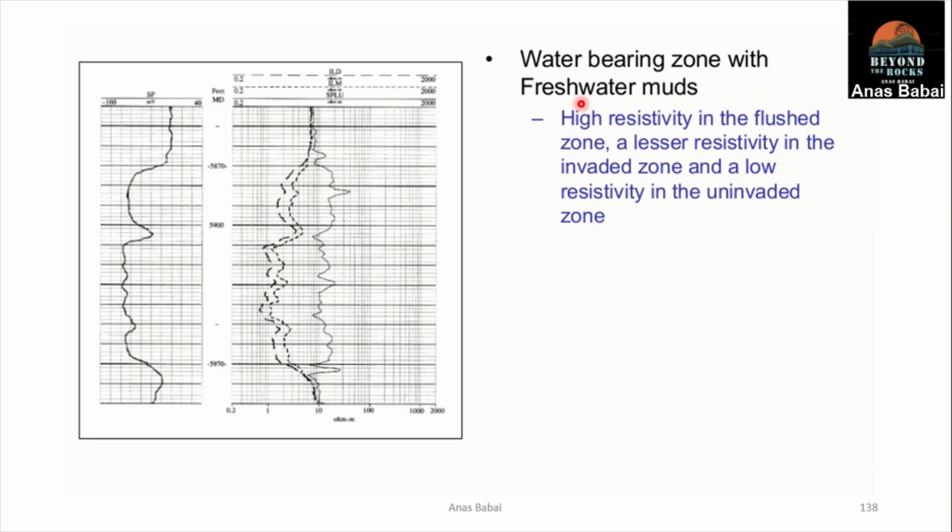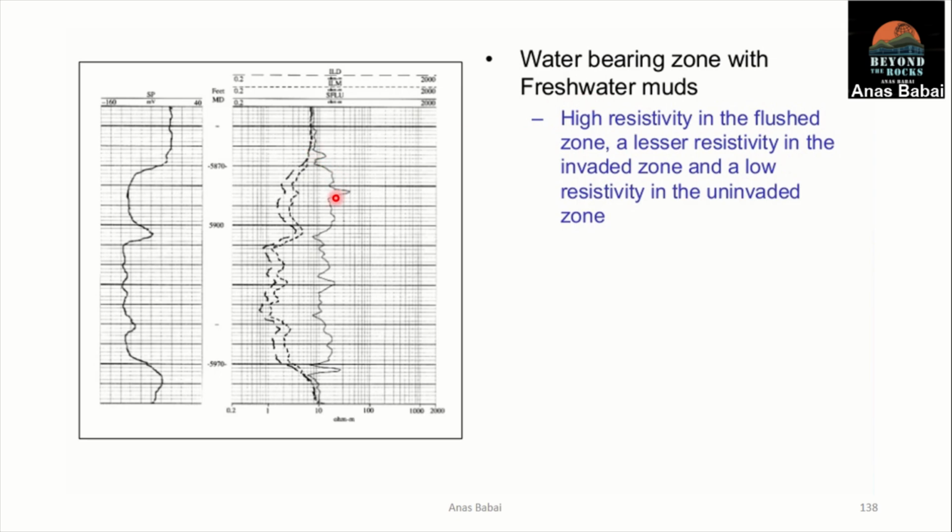So we're expecting our spherical focused log, which is the solid line, to read high resistivity, since it reads the resistivity of the fresh drilling fluid, and that is the case that we have.